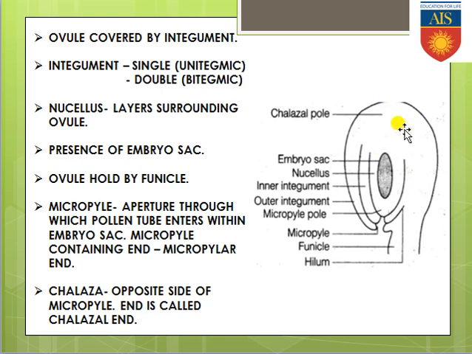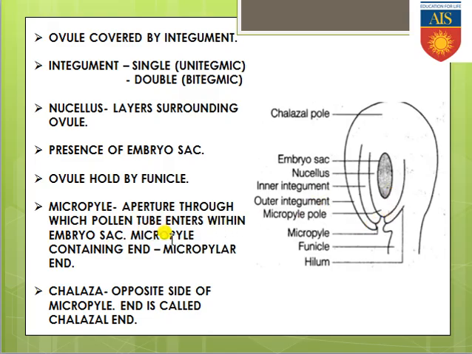This bent portion of the stalk, that is the funicle, is known as raphe. So raphe is the bent portion of the funicle which is attached with the anatropous ovule. Going for the next point, that is micropyle. We know this is the aperture through which the pollen tube enters the embryo sac.